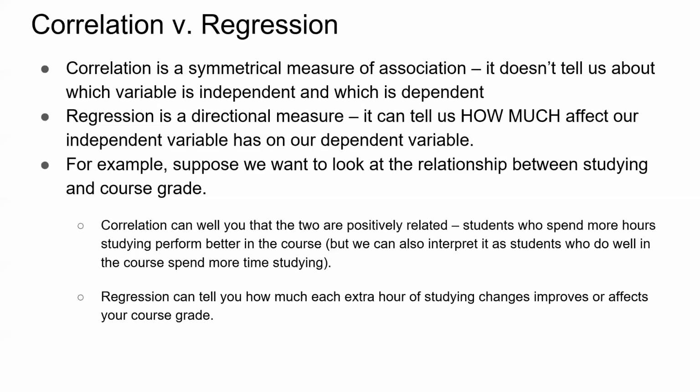We just know they're associated. Regression, however, can tell us how much each extra hour of studying changes or improves our course grade. So it can give us a sense of how much a change in the independent variable can change the dependent variable, how much impact it can have.